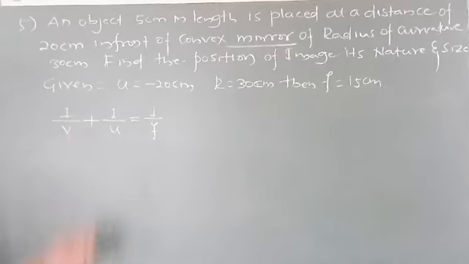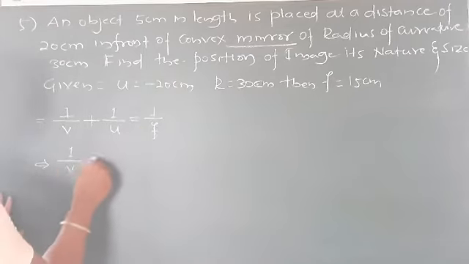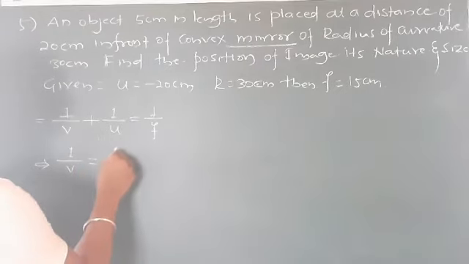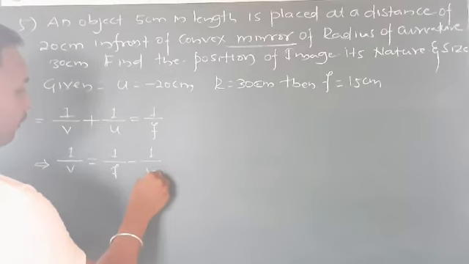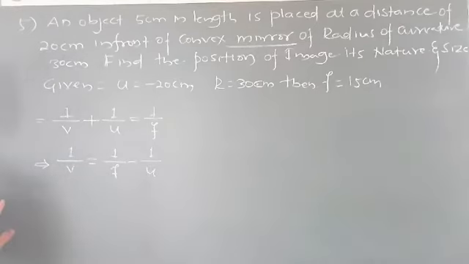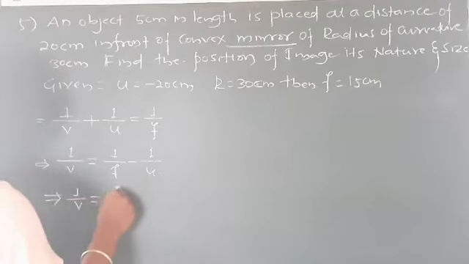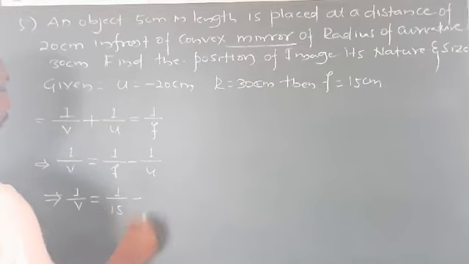So we need to find the position of image, so we need 1 by v. Now you can transfer 1 by u to that side, this becomes 1 by f minus 1 by u. Once you transfer, you can substitute the values here. This implies 1 by v is as it is. So 1 by f, how much do we have? 1 by 15 minus.